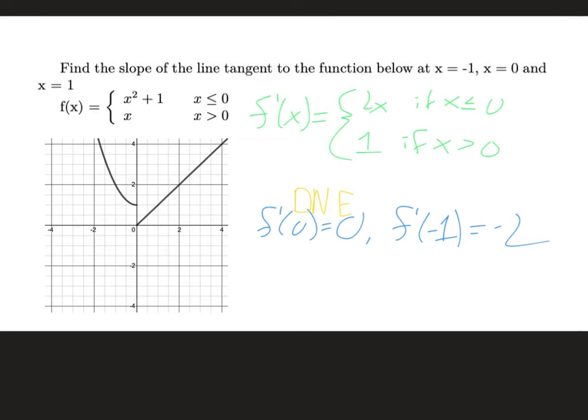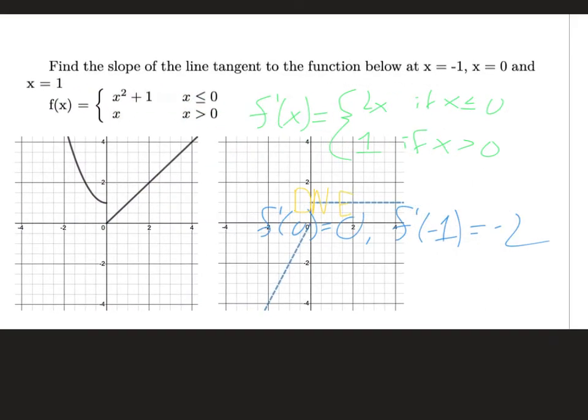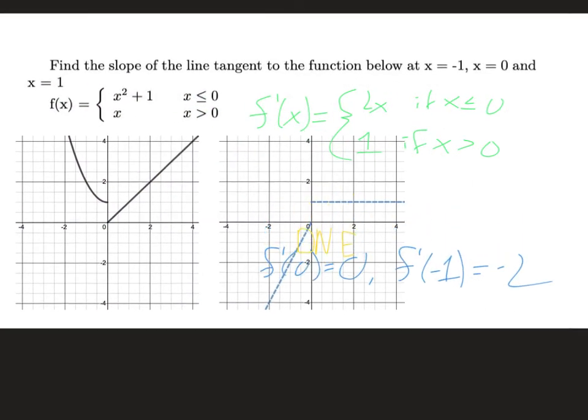Okay. So here's a picture of the original function if I were to graph that piecewise function. And now that I have the derivative as a function, I could graph that. Let's look at that graph. So now we have them both next to each other here.